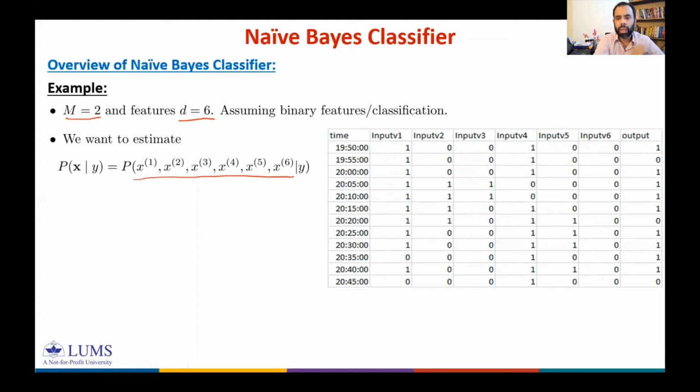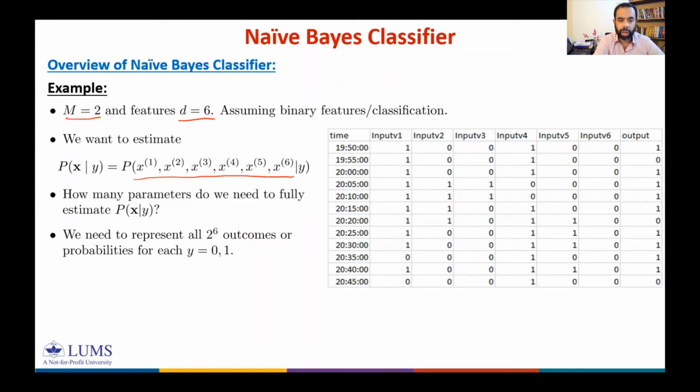If we assume a binary case, how many parameters do we need to fully estimate probability of x given y? Because we want to compute a joint probability, we need to compute all 2 to the power 6 outcomes. In the non-binary case, this number will explode exponentially, right?